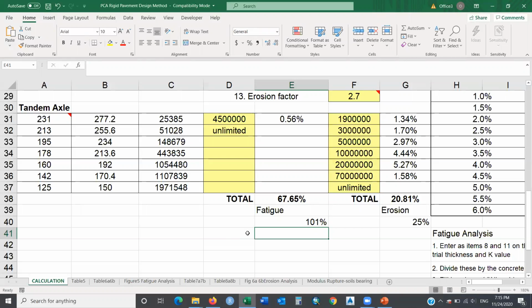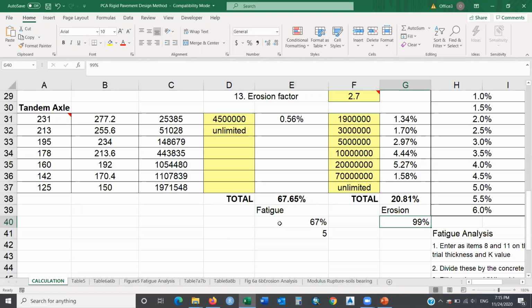All right. If this is 99% and this is 99%, that will be fine, correct?